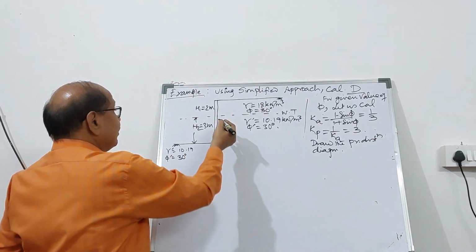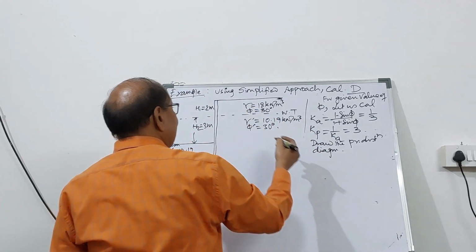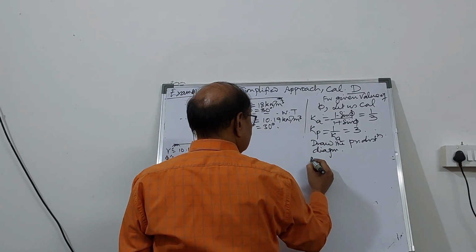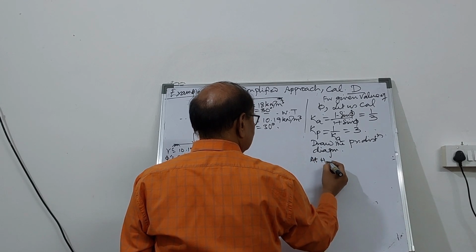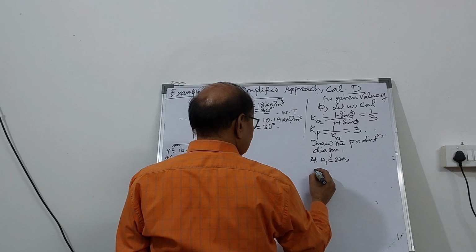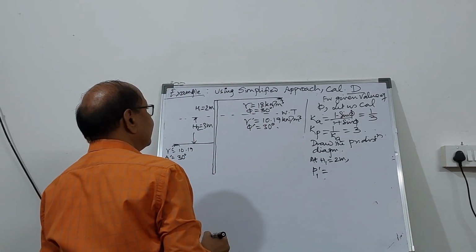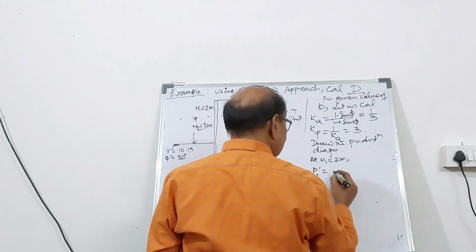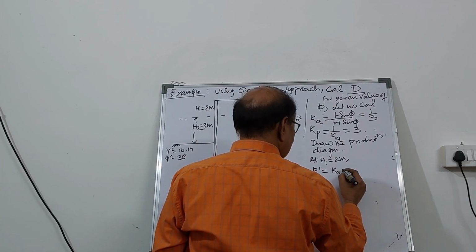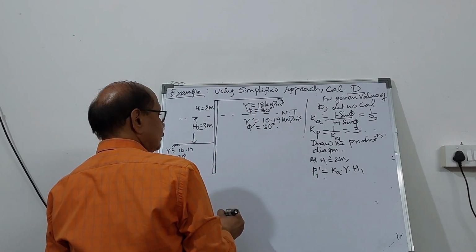So here above the water table, it is going to be active. So at H1 equal to 2 meter, the value P1 prime, you should calculate it, and that is going to be K times gamma into H1.